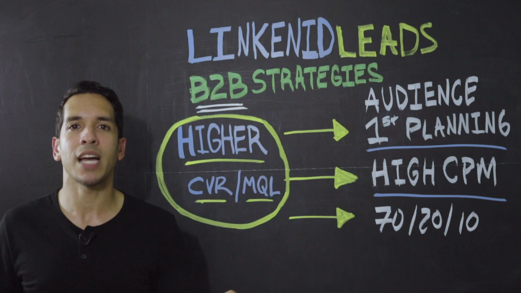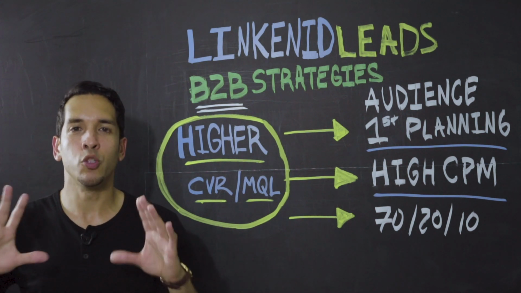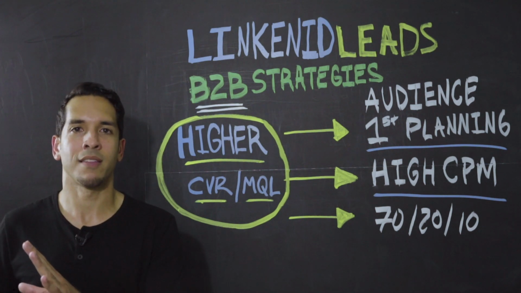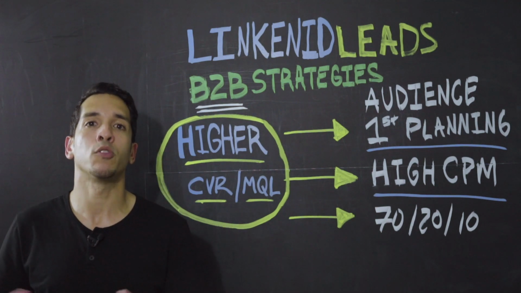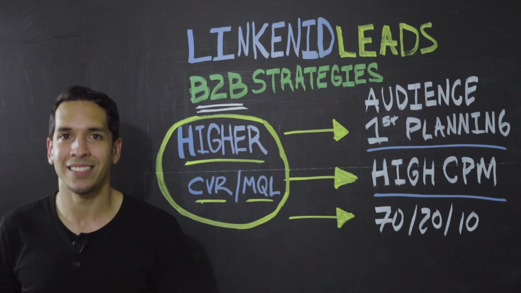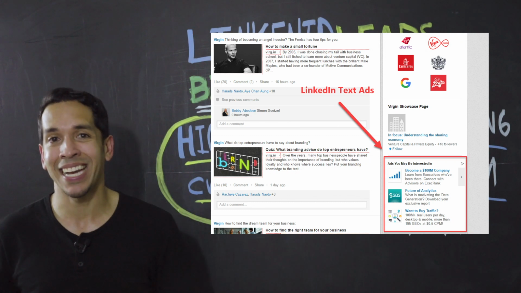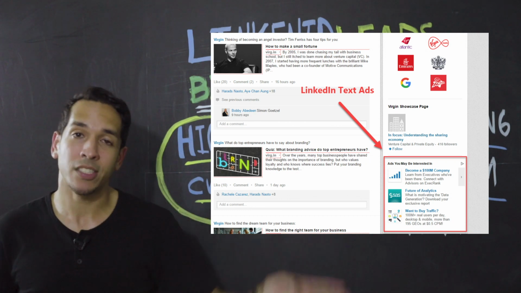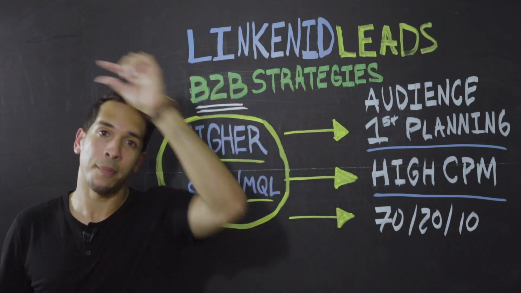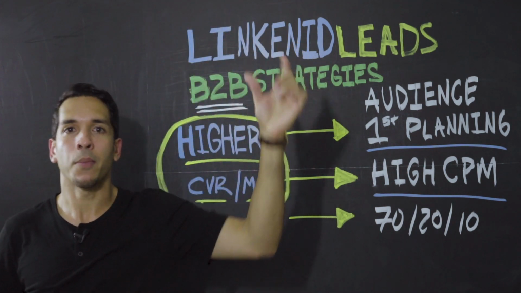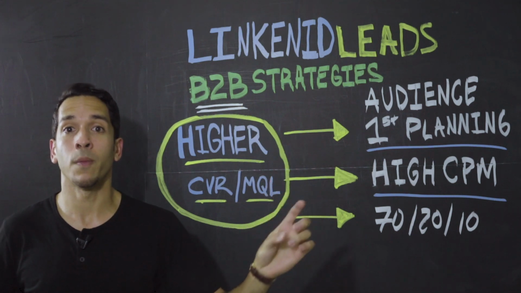Now, if you're a new advertiser, here's a little quick hack. Do not start with sponsored content. That's going to be the most expensive. Advertising on the newsfeed on mobile will be the most expensive. Start with text ads. Text ads show up on the side of the screen on desktop. They can also show up on the top of the screen on desktop. They'll show up as text ads on top, but on the side, the text ads will also include a picture.